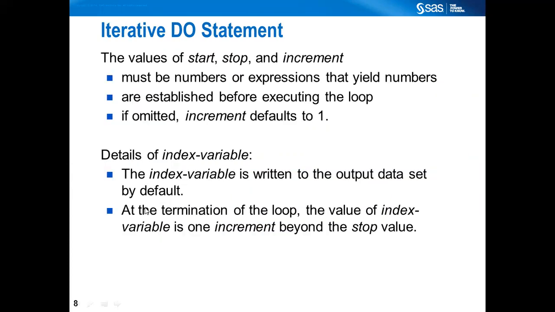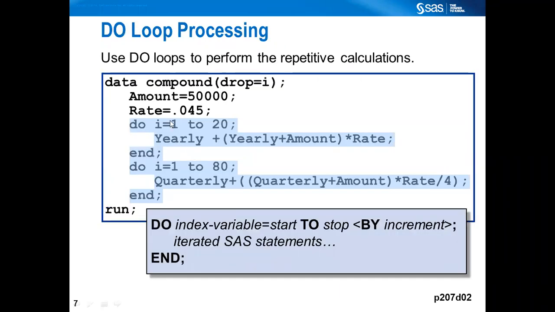Next they're telling that at the termination of the loop, the value of the index variable is one increment beyond the stop value. What does this mean? When you're writing the statements, when SAS reads do I equal to 1, it will create this I variable.